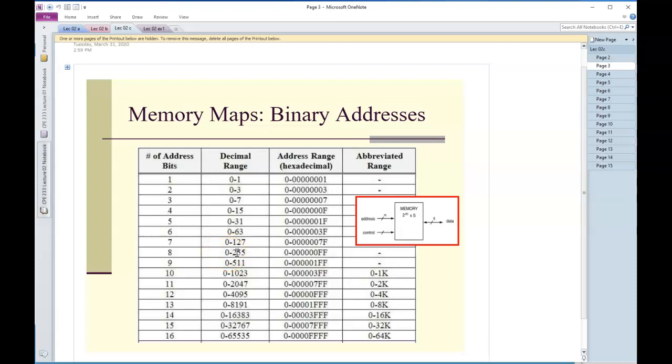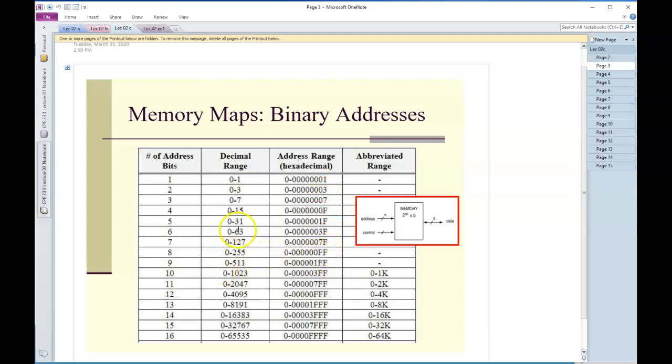Now the decimal range is always 0 through 2 to the n minus 1. So 2 to the 8th minus 1 is 255. This is very nicely represented with hexadecimal. Binary gets kind of unwieldy. But if you look at this pattern here, it's a repeating pattern.